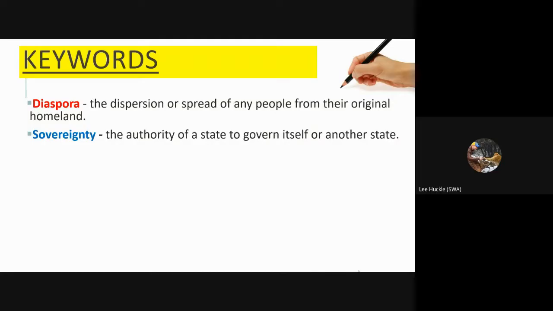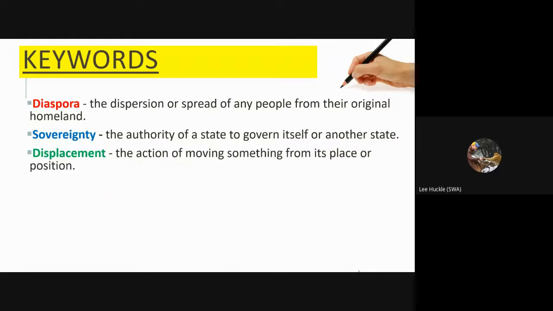I did introduce quite early, even though EQ3 and 4 really are to do with sovereignty, the idea of sovereignty, which is the authority of a state to govern itself or another state within its borders. We discussed the term displacement, what it is, the action of moving something from its place or position.